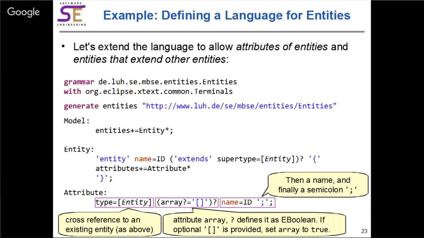We have a class called attribute, and this class has an attribute called array. Here the question mark means it's defined as an EBoolean. This becomes true if we parse the square brackets, and then it's followed by name.